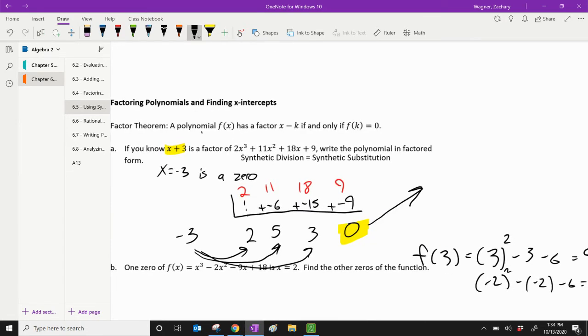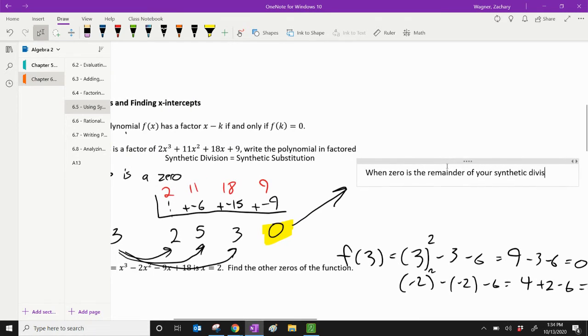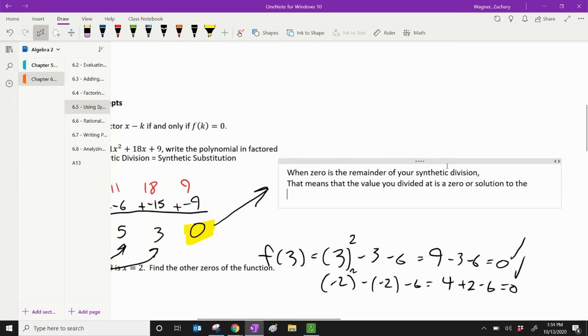When you have a 0 as your final term in synthetic substitution, the remainder, that means that the value you divided at is a 0 or solution to the polynomial.